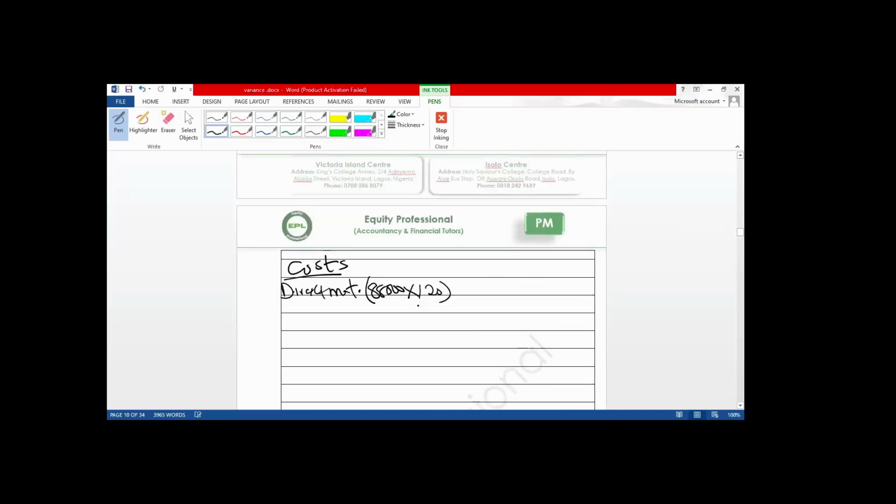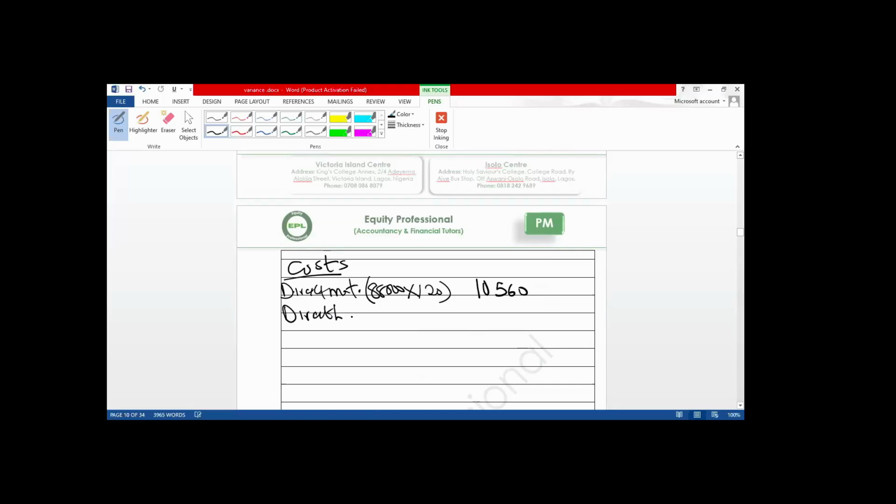Get your material cost: 88,000 liters multiplied by 120. That gives us 10,560,000, 10 million.